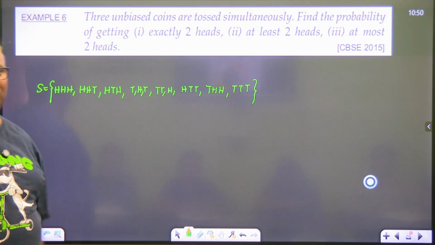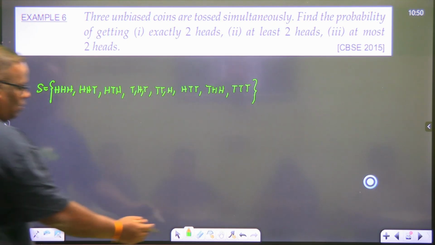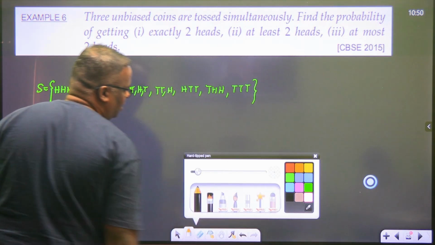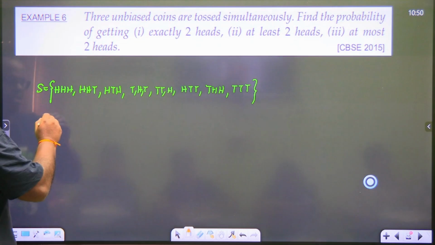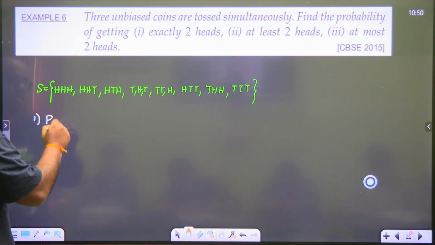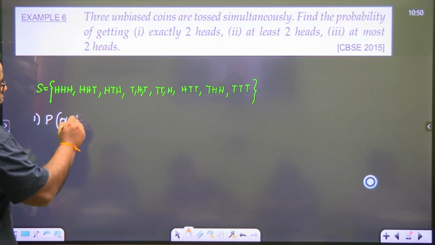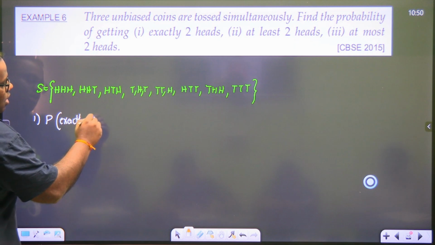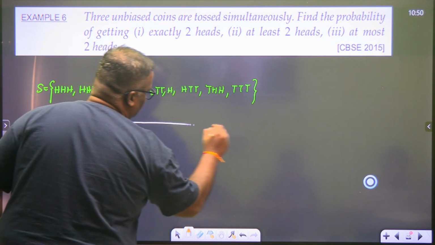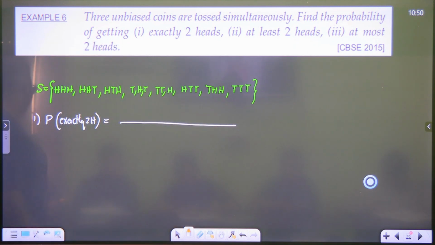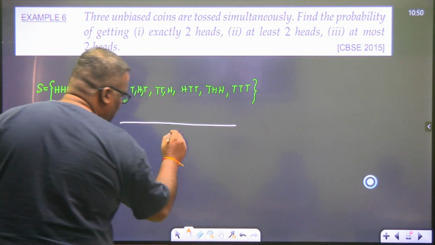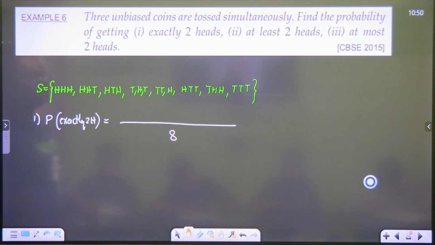Now our question is what? Shall we go ahead with the first one? Again, the first one is the probability of getting exactly 2 heads. So in the denominator, what should I write, children? 8 options. Total number of options is 8. Yes, Abhigya, tell me exactly 2 heads.